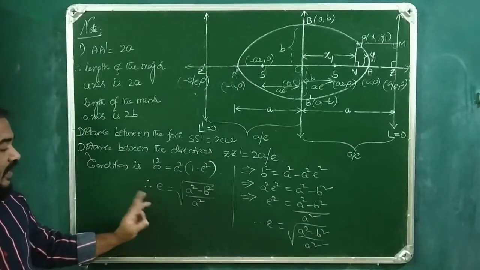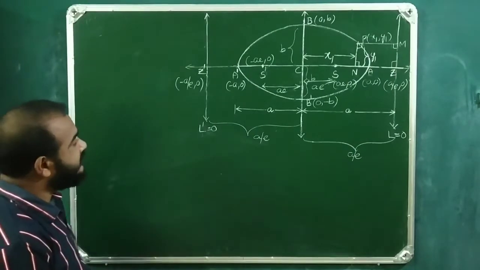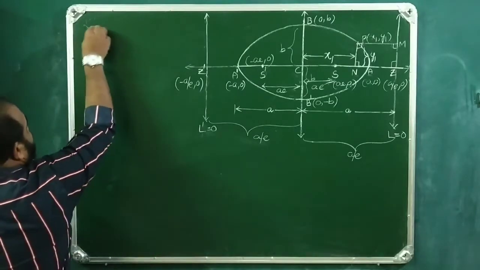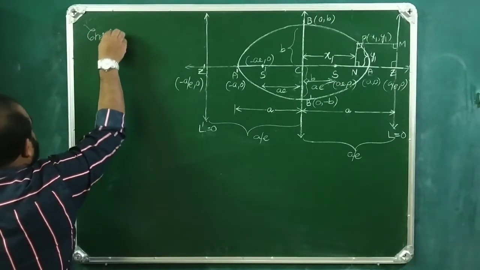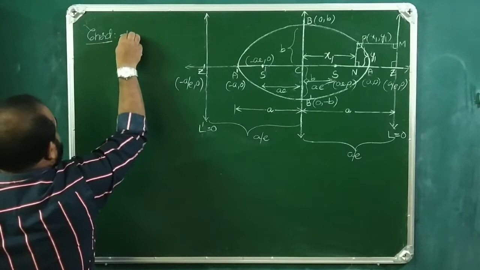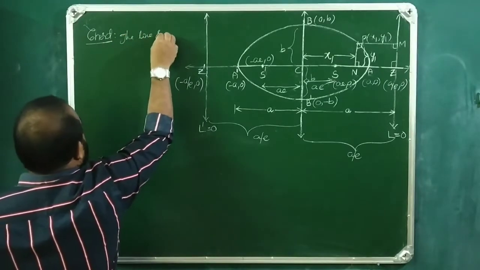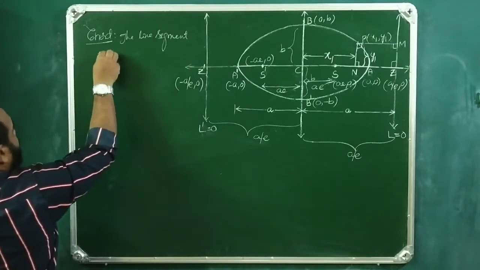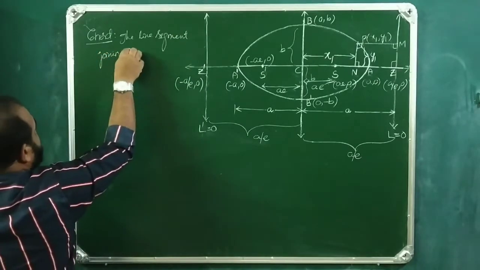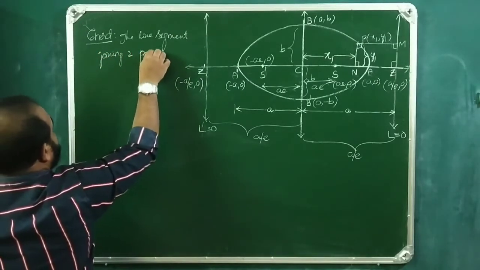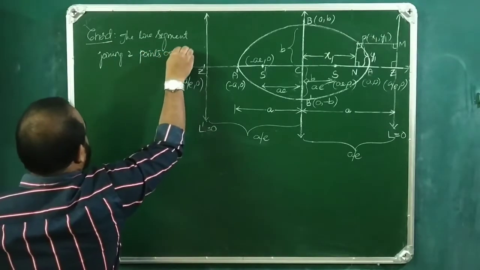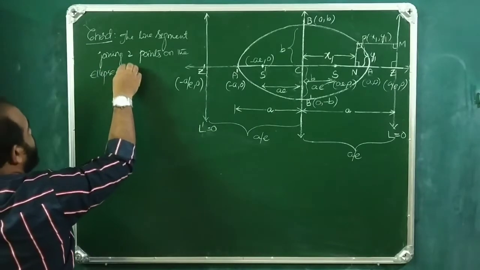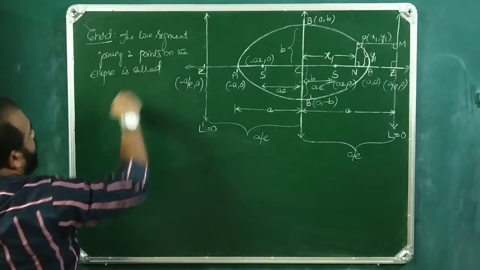This is the eccentricity. Let us define some terms in this ellipse. Chord: the line segment joining two points on the ellipse is called a chord.